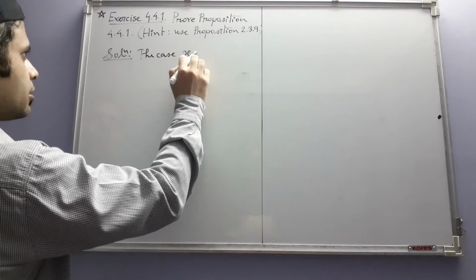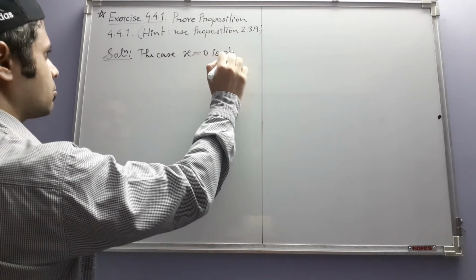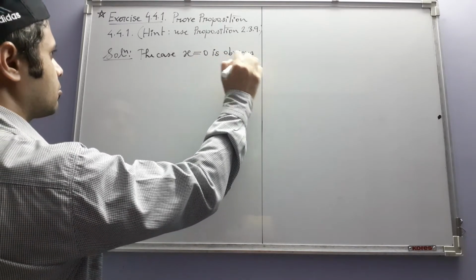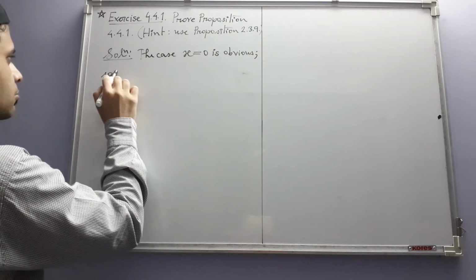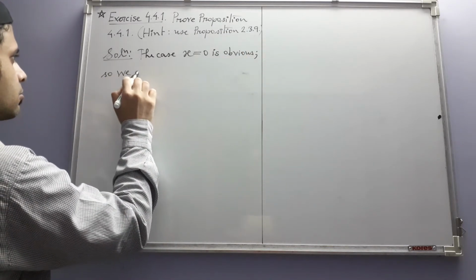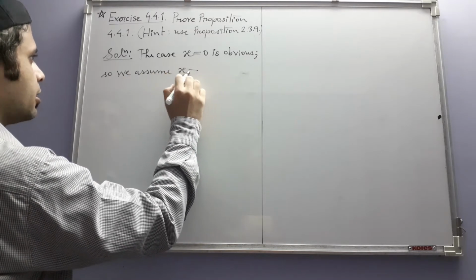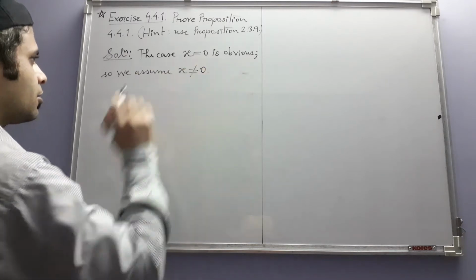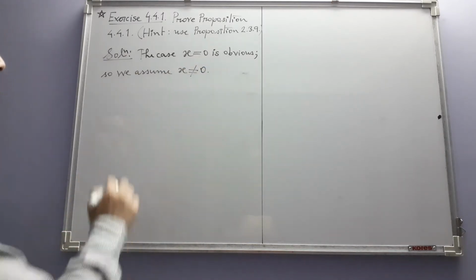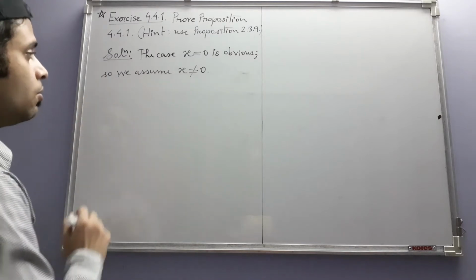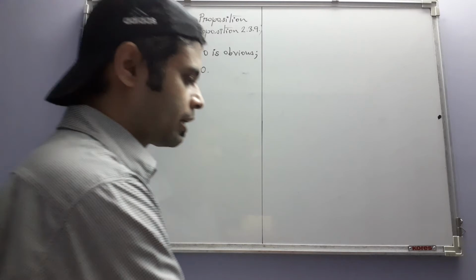The case x equal to 0 is obvious. So we assume x to not be 0. Why is the case x equal to 0 obvious? But before I write this, I should mention what I am doing here.